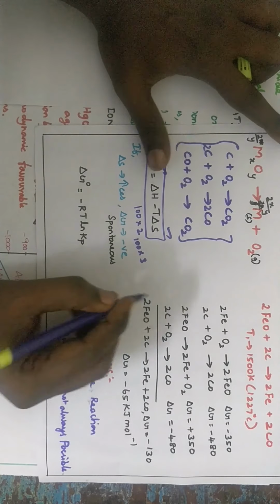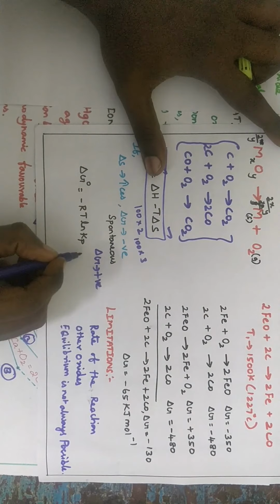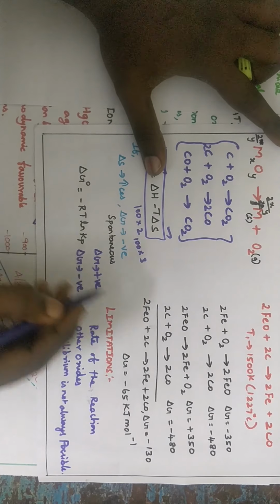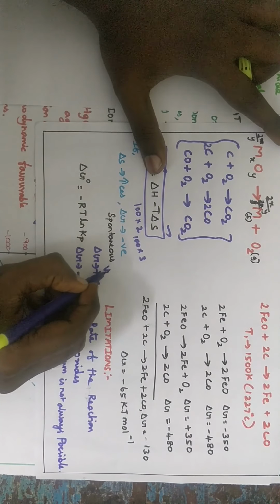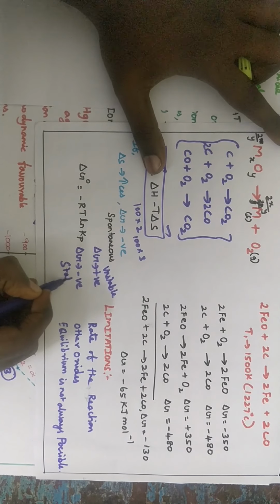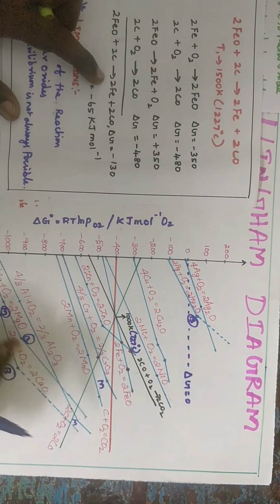In 11th standard we already studied: delta G positive means greater than 0, delta G negative means less than 0. In the case of the Ellingham diagram, if delta G is positive, then it is unstable. If delta G is negative, then it is stable. So in the Ellingham diagram, for all the metallic oxide equations, consider this equilibrium reaction.